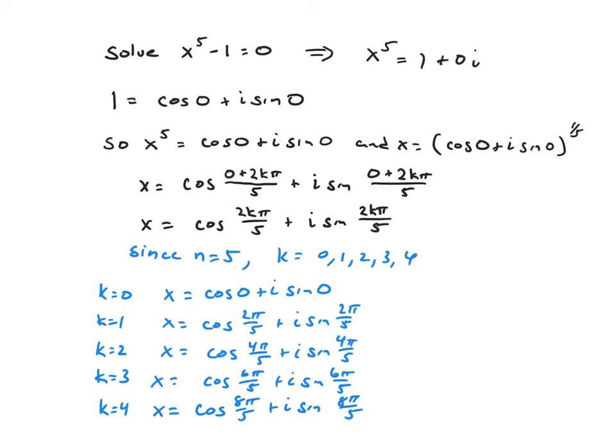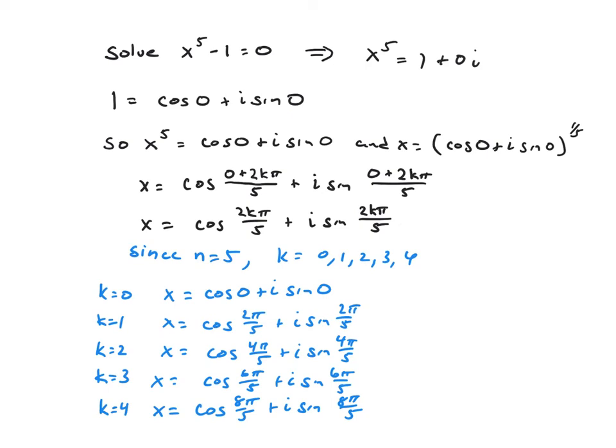Using the root of a complex number identity that we had before, x is going to be equal to the magnitude of 1 times the cosine of 0 plus 2k pi over 5 plus I sine of 0 plus 2k pi over 5. If you simplify that, nice and easy, x equals cosine of 2k pi over 5 plus I sine of 2k pi over 5.